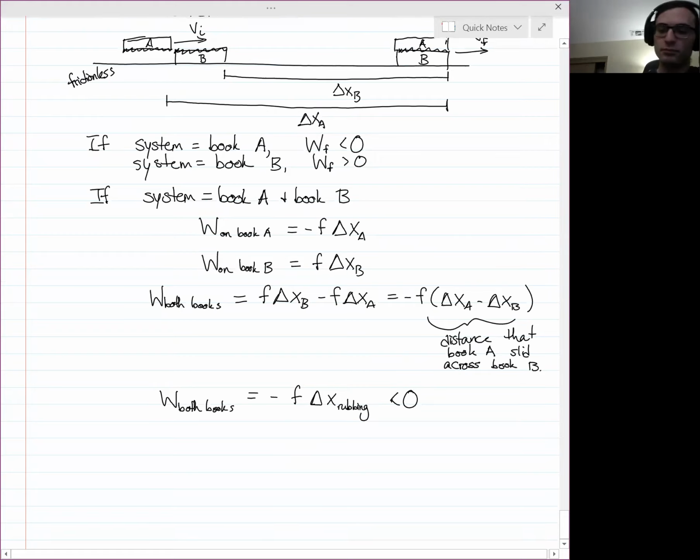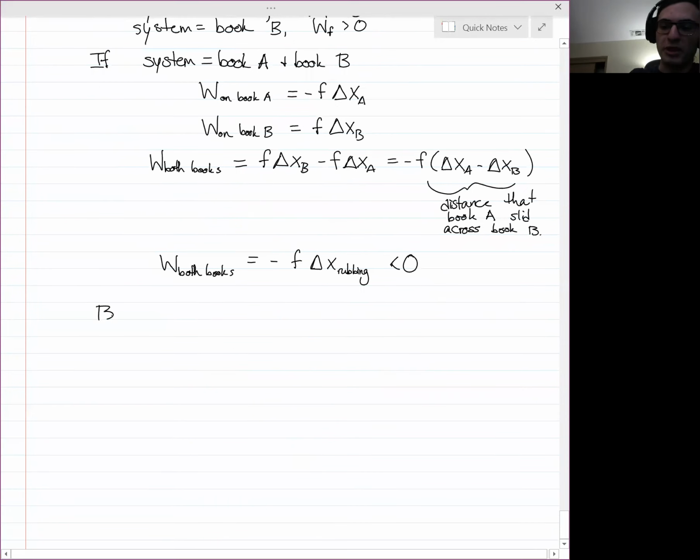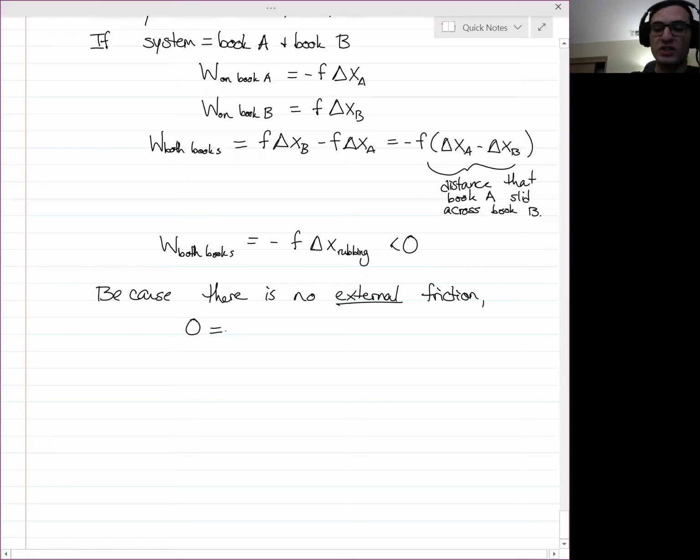Hold on, let me get to this in a minute. Because there's no external friction, i.e., the surface that it's sliding on is frictionless, we can write down the Work-Energy Theorem relatively easily. There's no external friction. That's important when we're talking about the system being just the two books. The work is 0 because there are no external forces.